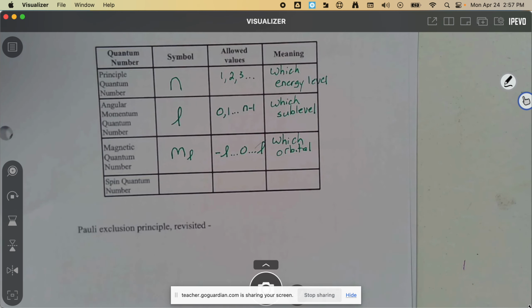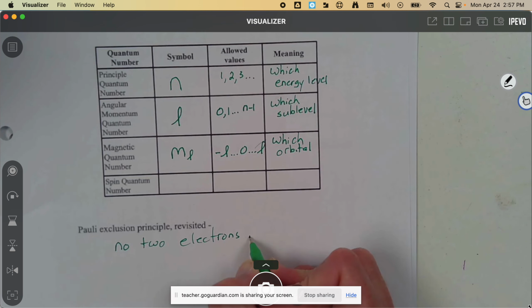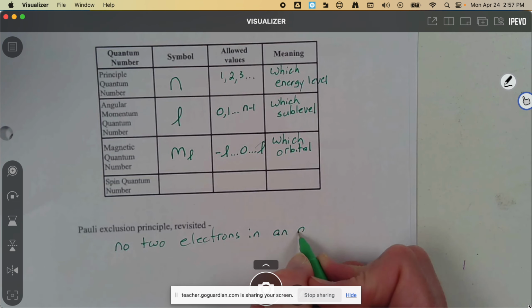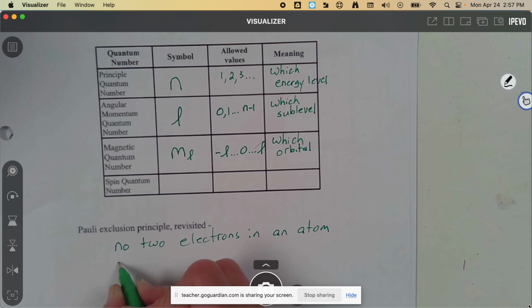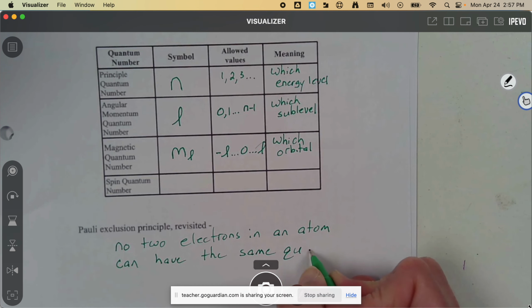If we revisit Pauli's exclusion principle, that was the one that said electrons can live together if one is spin up and one is spin down. Rephrased, Pauli's exclusion principle says no 2 electrons in an atom can have the same quantum numbers.